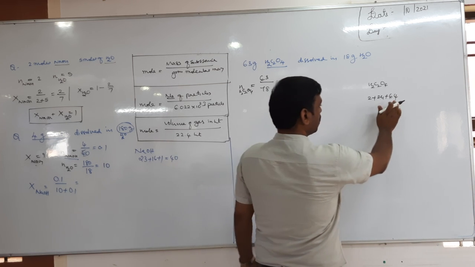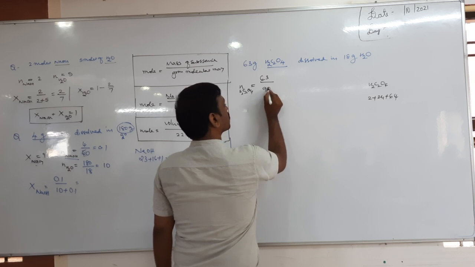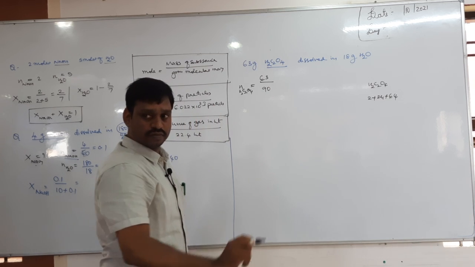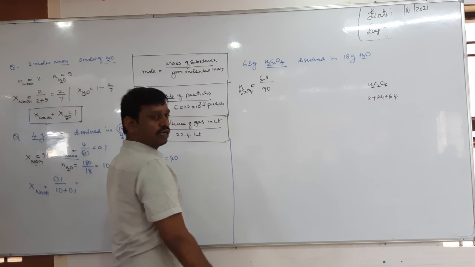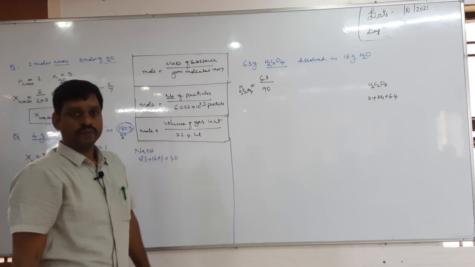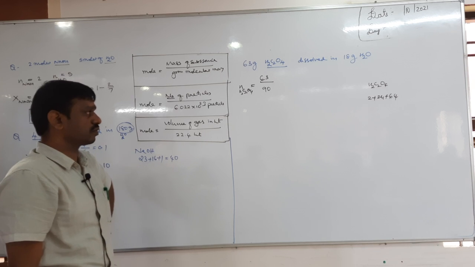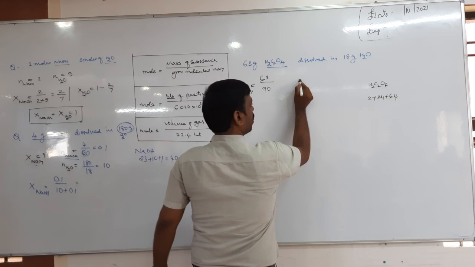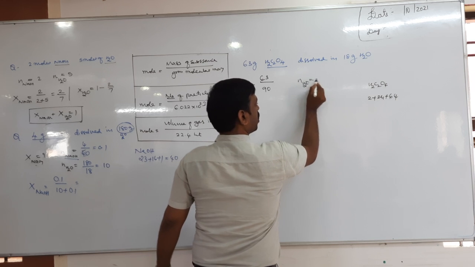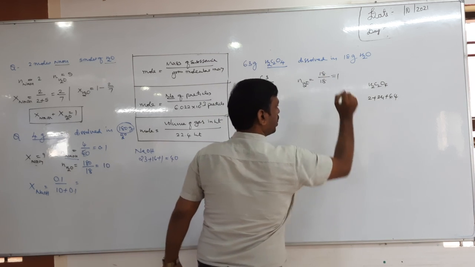90. Okay. Calculate the mole. Next, number of moles of water: 18 grams of water given and molecular mass also 18, it is 1 mole.